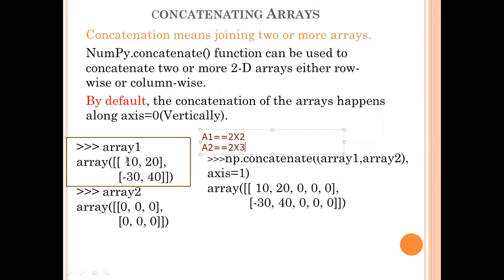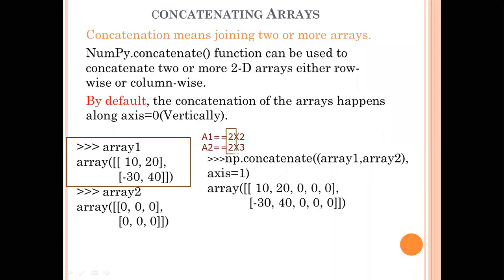Then if you want to concatenate, array 1 can be added either vertically or horizontally. For horizontal there is no problem, because the number of rows is the same, 2 and 2.